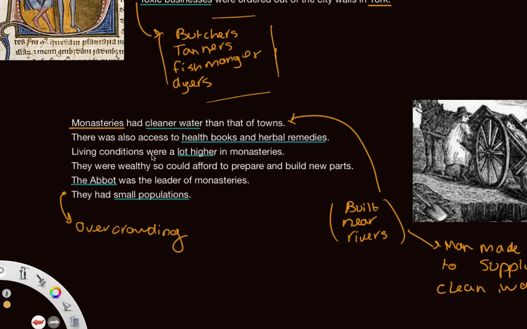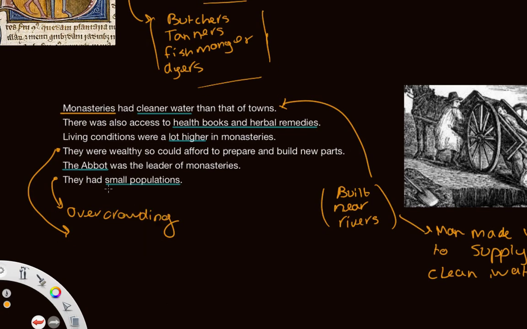Okay? And they were also relatively wealthy, and the reason why is that money was donated to the church, and there was also taxing in the church as well.